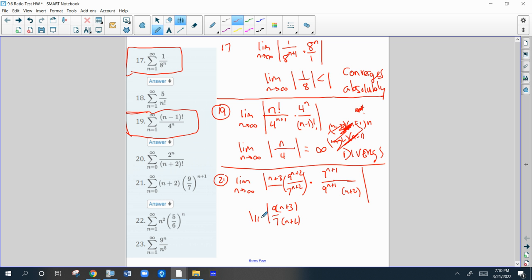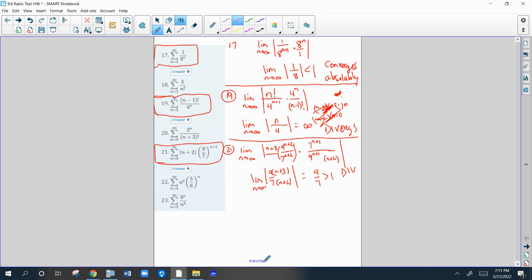So the limit as n goes to infinity for this function will be 9/7 because the degrees are the same. And 9/7 is most definitely greater than 1, so this diverges. And again, you could tell that the nth term test will tell you that diverges. So that's 21.